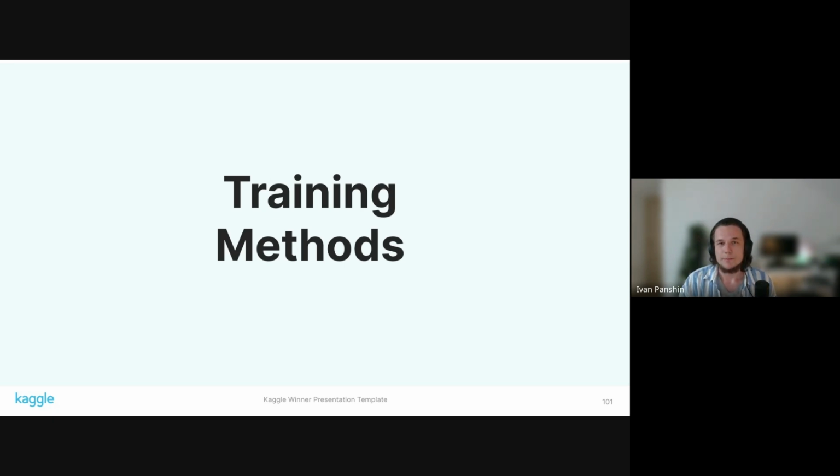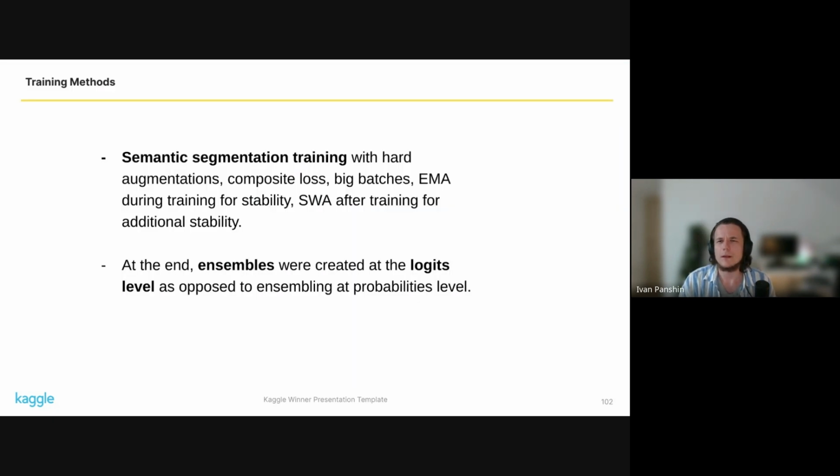Now, training methods. This is a simple semantic segmentation training, as I mentioned, with hard augmentations, composite loss, big batches, exponential moving average during training for stability, which is essentially just this sort of smoothing of weights, and stochastic weighted average after training for additional stability.